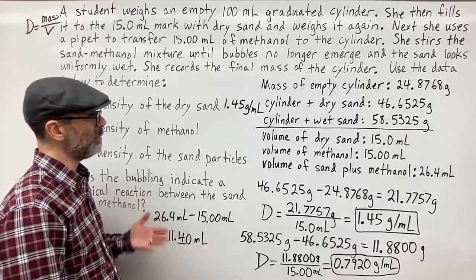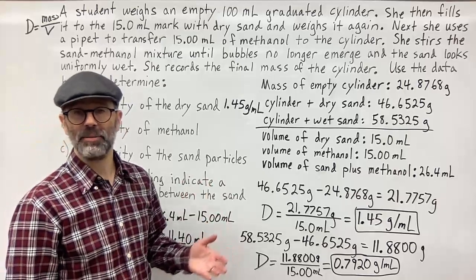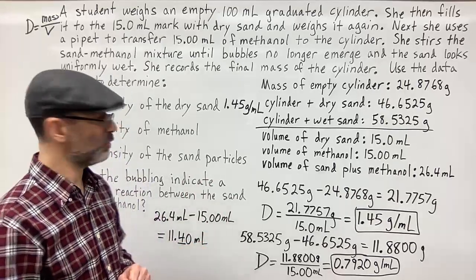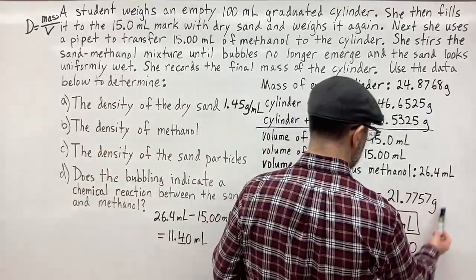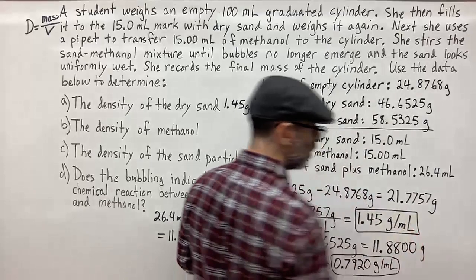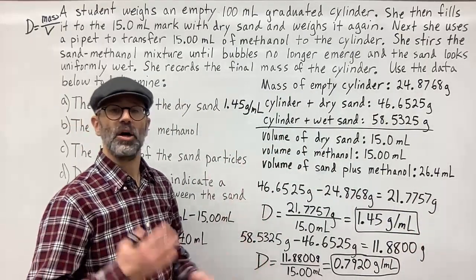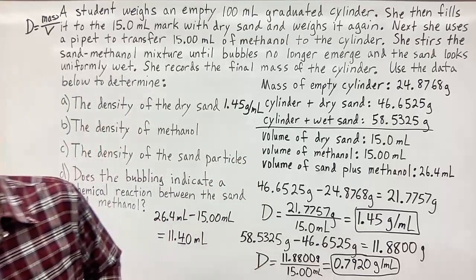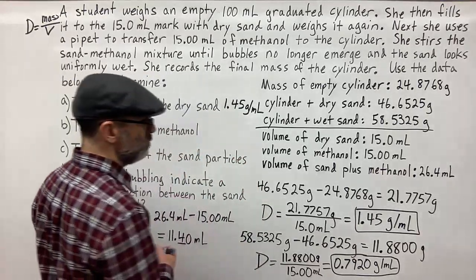Okay, well, what's the mass of the sand particles? Well, we already have the mass of the sand particles. We saw that before, right here. So all we have to do is divide the mass by the volume. So let's go ahead and do that.